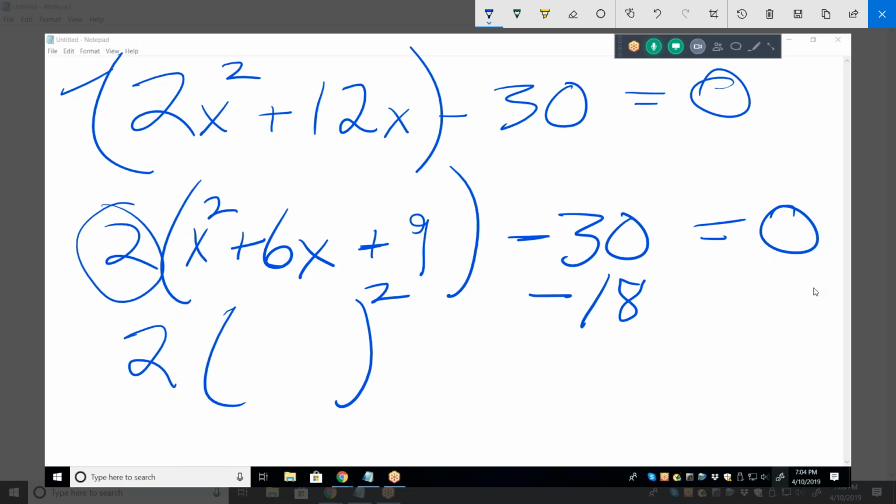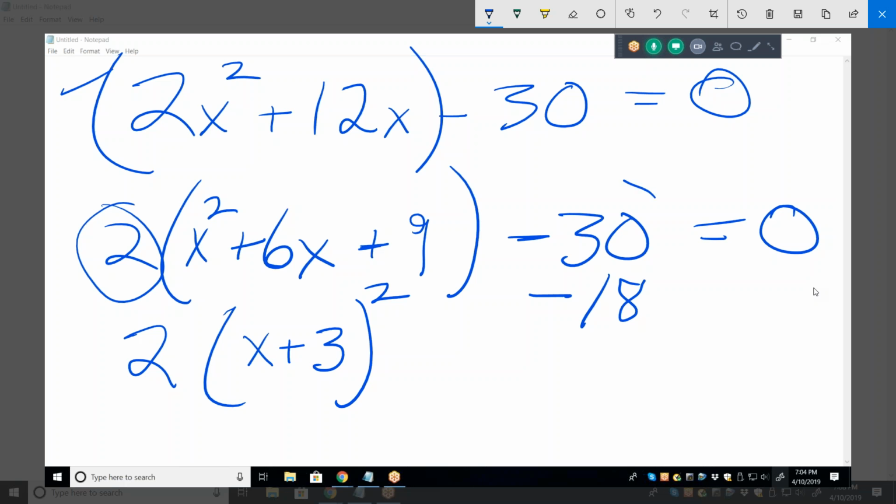It would be x plus 3, whatever you got when you took half of 6. Notice that when I square this, the last term is going to be 9. So you can always use that as a guide. In other words, x plus 3 times x plus 3, if you FOIL it out, you end up with a 9 at the end.